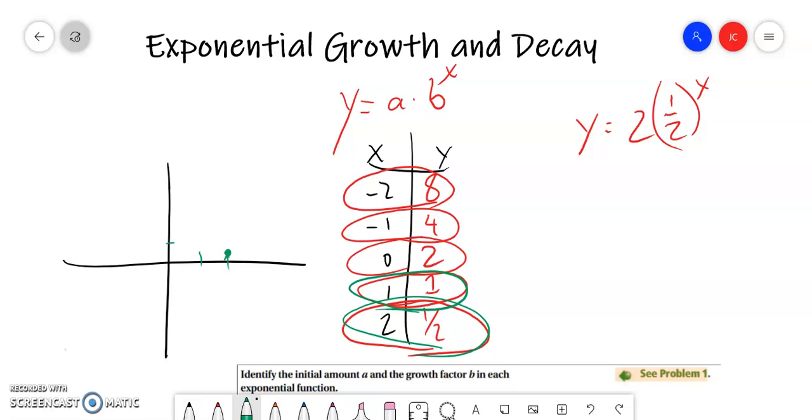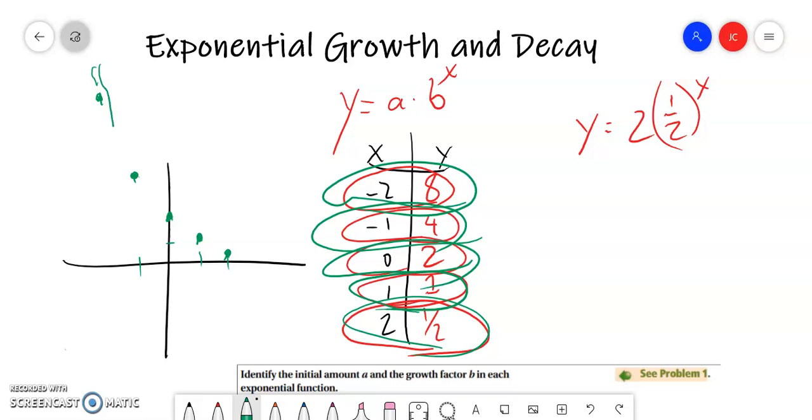And then 1, 1, about right there. 0, 2, maybe about right there. -1, 4, so maybe about right there. And lastly, we have -2, 8, so something way over here. If we connect the dots, if I can get the pen to work here, our graph would look something like this.